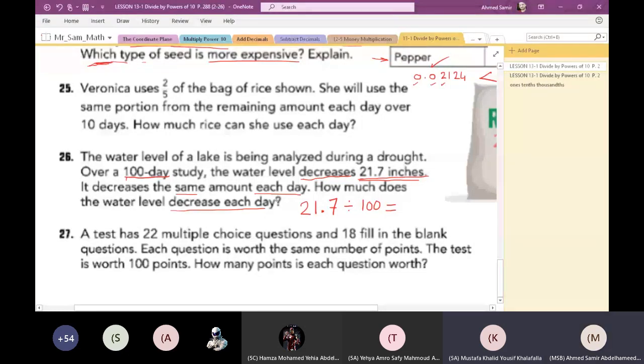So how do we move it to the left, Mustafa? How many zeros do we have here? 2. 1, 2. So what should we write here? I'm sorry, I couldn't hear you, Mustafa. Okay, no worries. Muhammad, what's the answer for this one? Put 0.